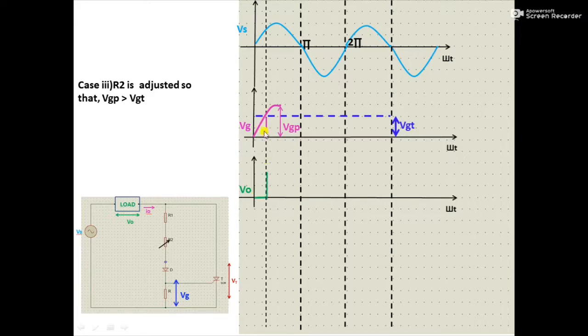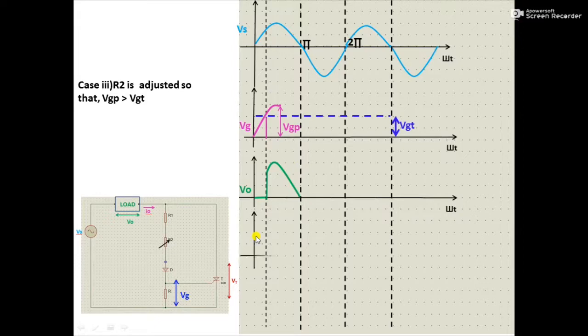And when the thyristor is on at this time instant, your V0 will follow the supply voltage Vs. This portion will appear across the load. And one more thing here: once the thyristor is turned on, the gate loses its control over the thyristor, and hence it falls back to 0 volts here.